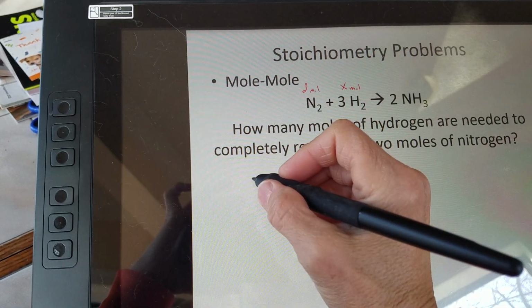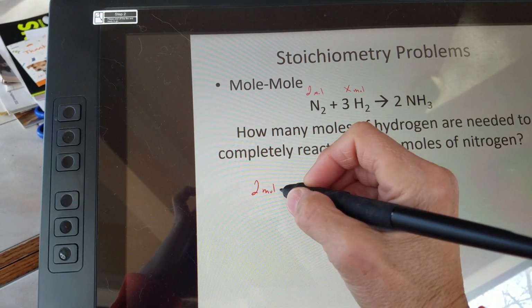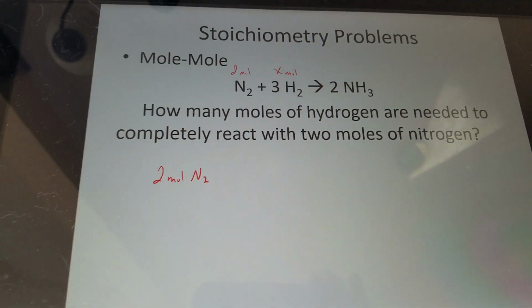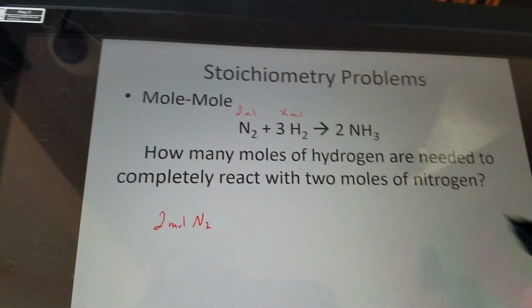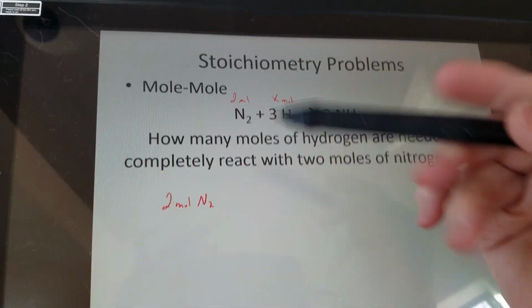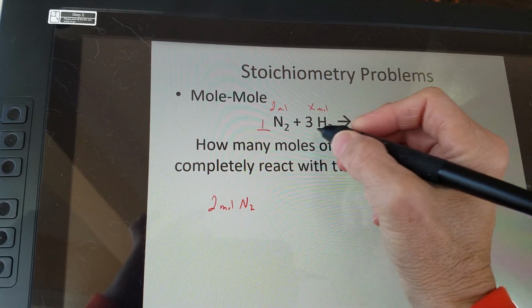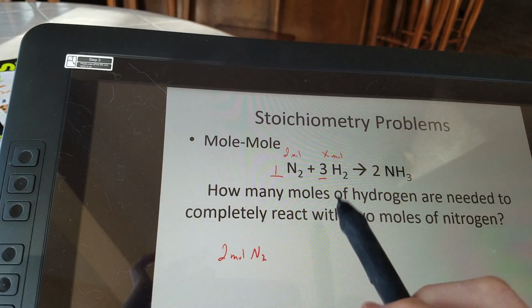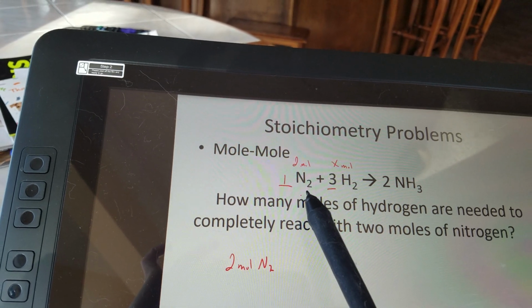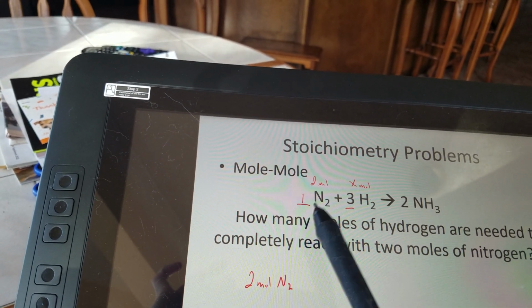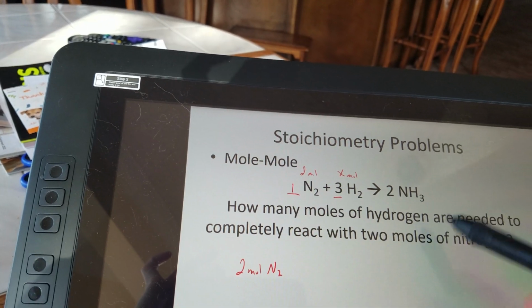You start off with your 2 moles of nitrogen. Since it's already in moles, we have a relationship between moles of nitrogen and moles of hydrogen from our coefficients. There's a 1 here and a 3 here, so 1 mole of nitrogen reacts with 3 moles of hydrogen. That's our mole ratio, or our conversion factor.